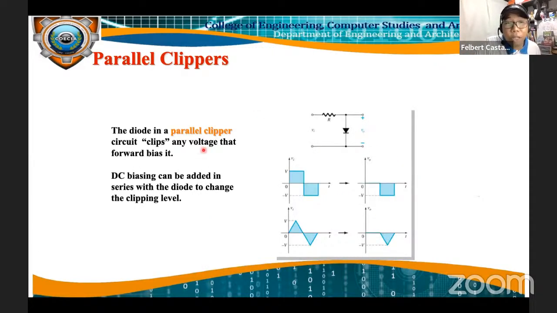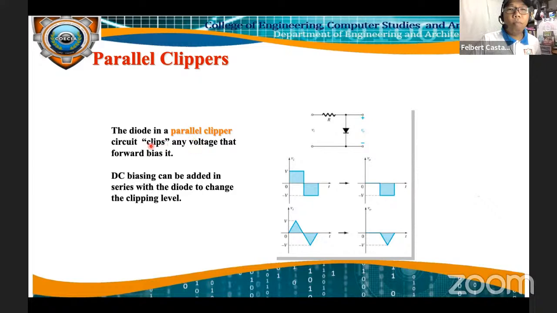Pag parallel clipper naman, yung kaninang pinakita kong mga examples, yung pinakauna, ay example ng parallel clipper. Lahat yun, positive, negative clippers. Pag positive clipper, kiniklip niya yung positive half cycle. Pag negative clipper, kiniklip niya yung negative half cycle. Sa parallel clipper, pwedeng positive or negative ito.